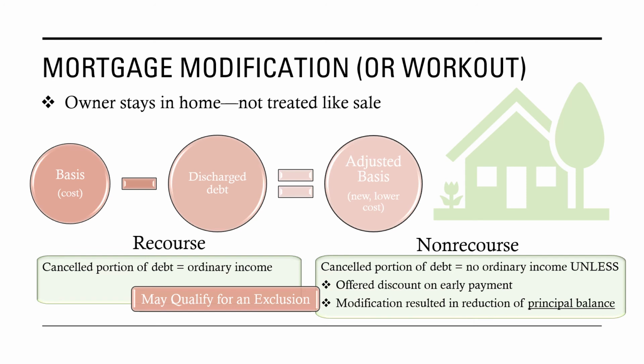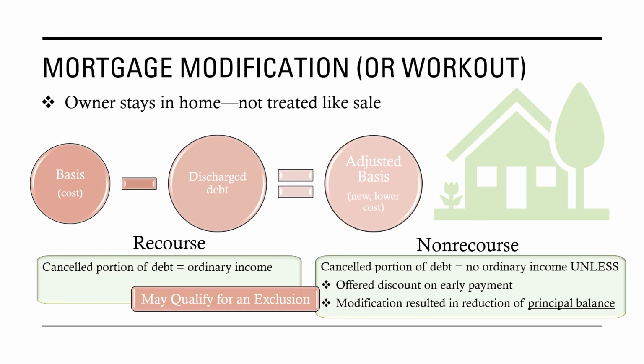So again, we have some differences in how recourse debt and non-recourse debt gets treated. With recourse debt, that canceled portion of the debt would result in ordinary income unless our taxpayer qualifies for an exclusion. With the non-recourse debt, generally speaking, the canceled portion of the debt does not result in ordinary income. However, we have a couple of caveats.